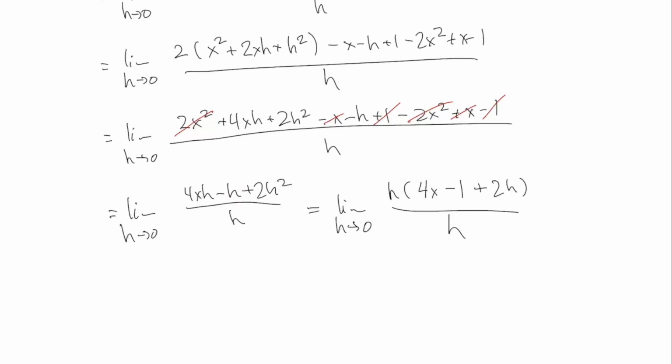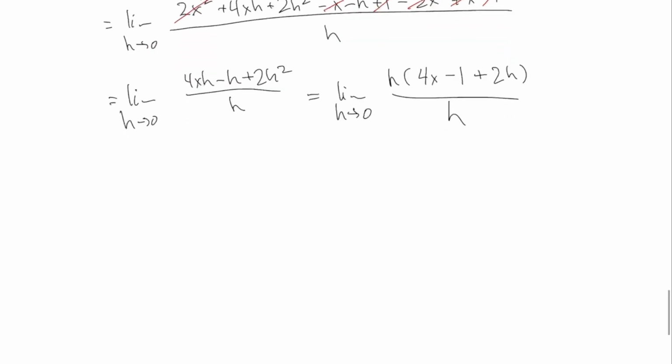This h here became a 1 when I factored it out, because factoring is like dividing and multiplying. So this is like h divided by h is 1. All right, then I cancel the h's. We're almost done here. I am left with lim h goes to 0, 4x minus 1 plus 2h.